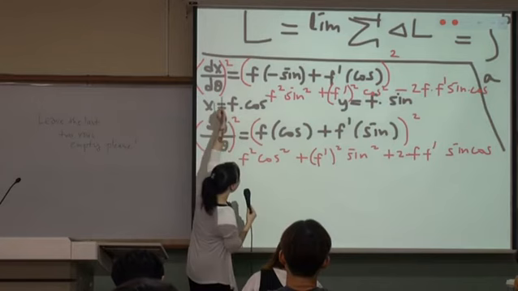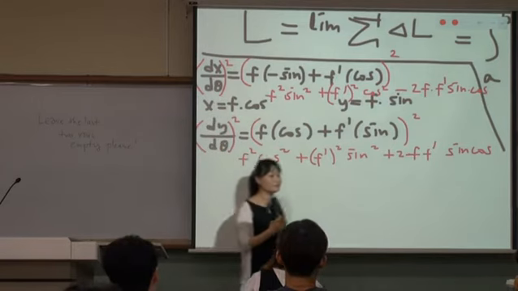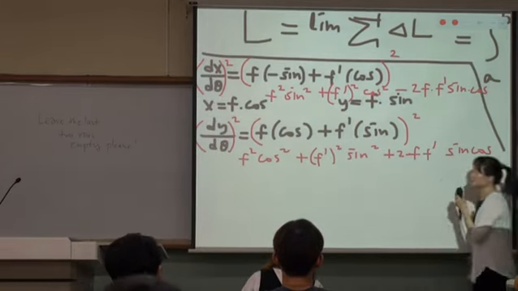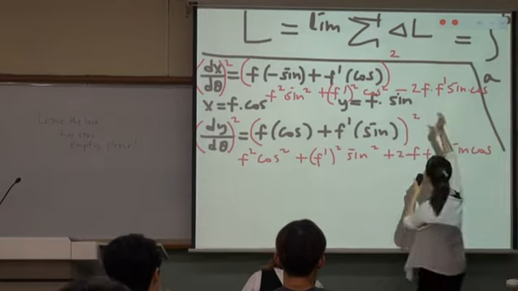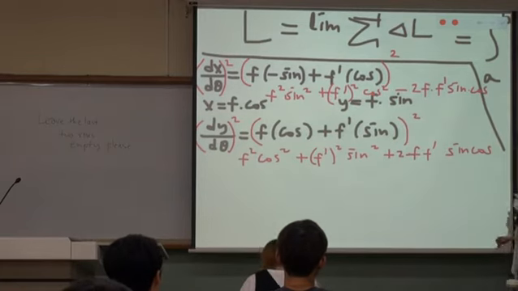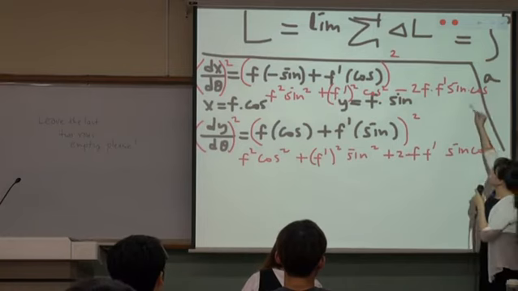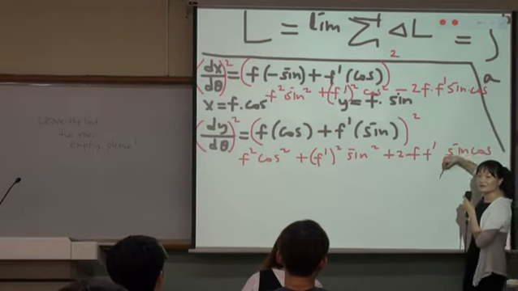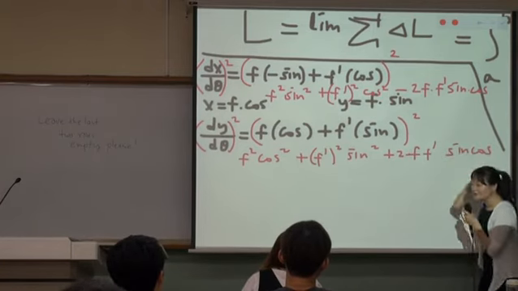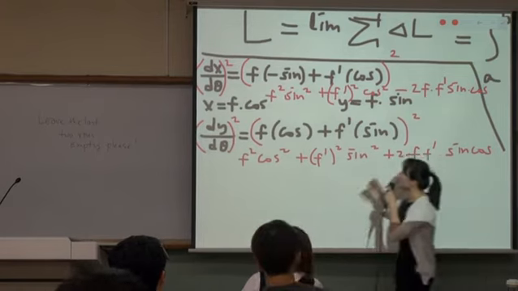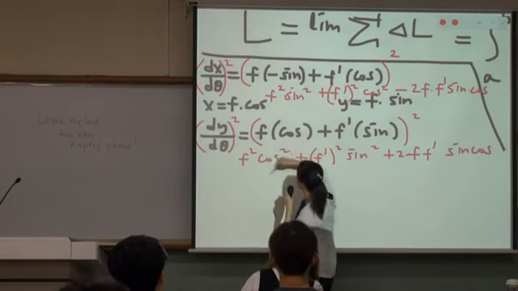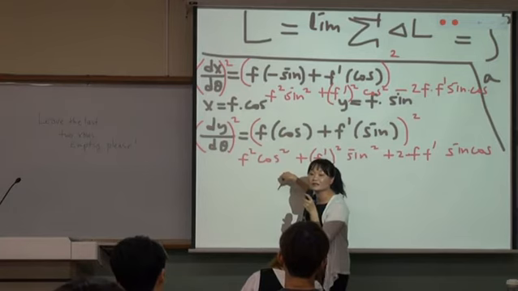When we add, what happens? This and that cancel out, right? And when I add this plus that, what do I get?